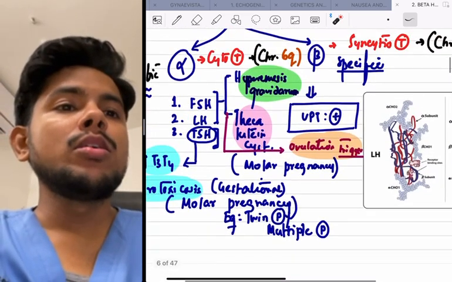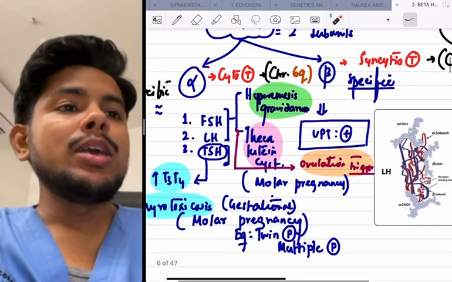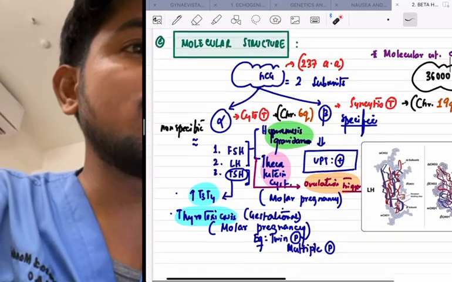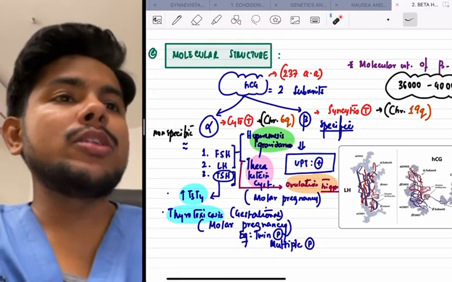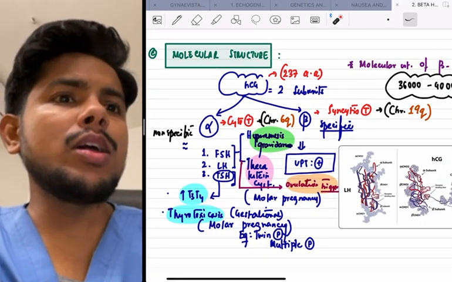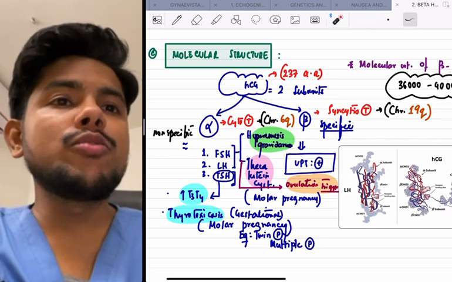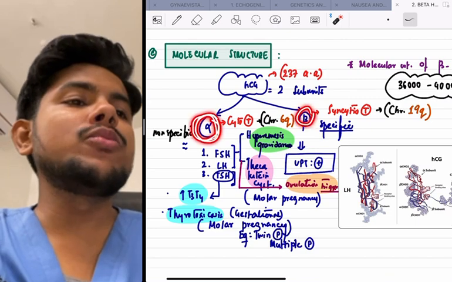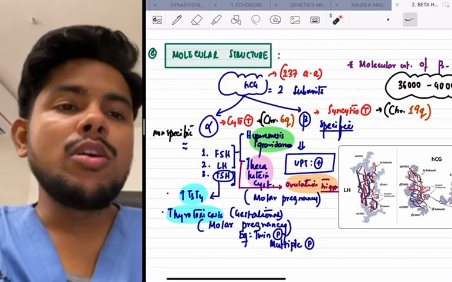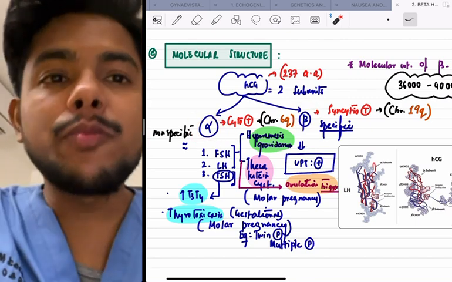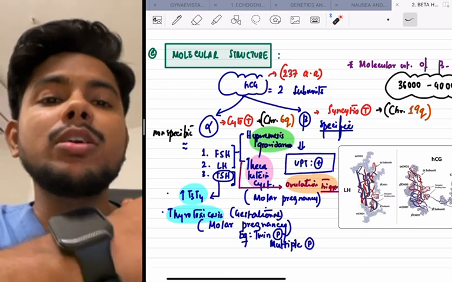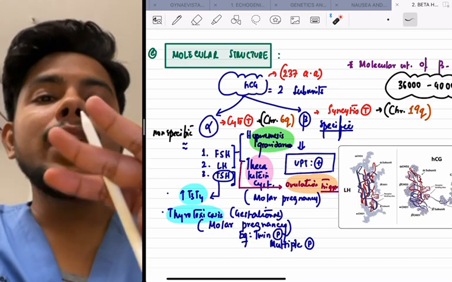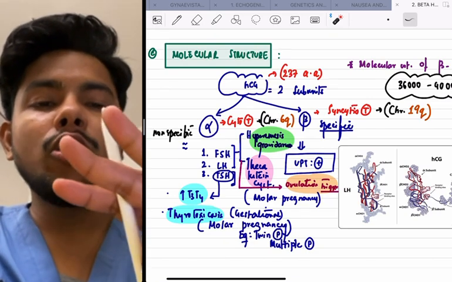Now, there is another very special thing about the structure of hCG, and this is the fact that the alpha subunit is a non-specific subunit and beta subunit is a specific subunit. Alpha subunit is non-specific because it has got a structural similarity with the alpha subunit of 3 anterior pituitary hormones.